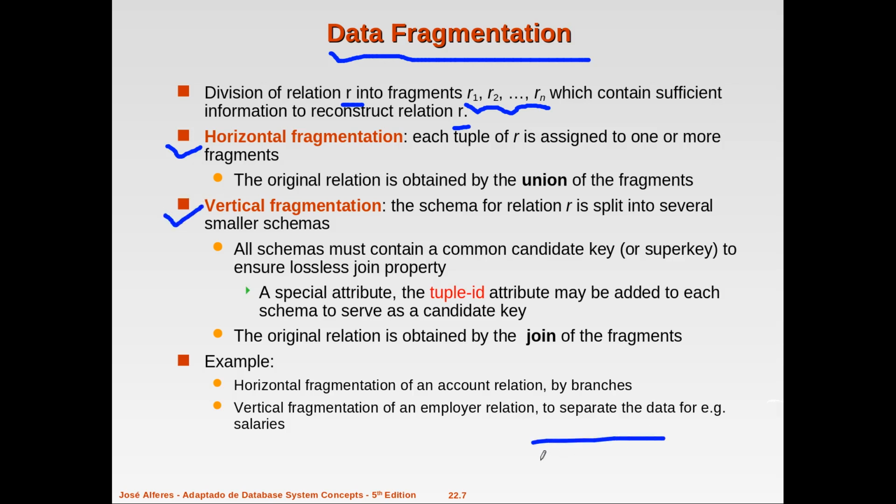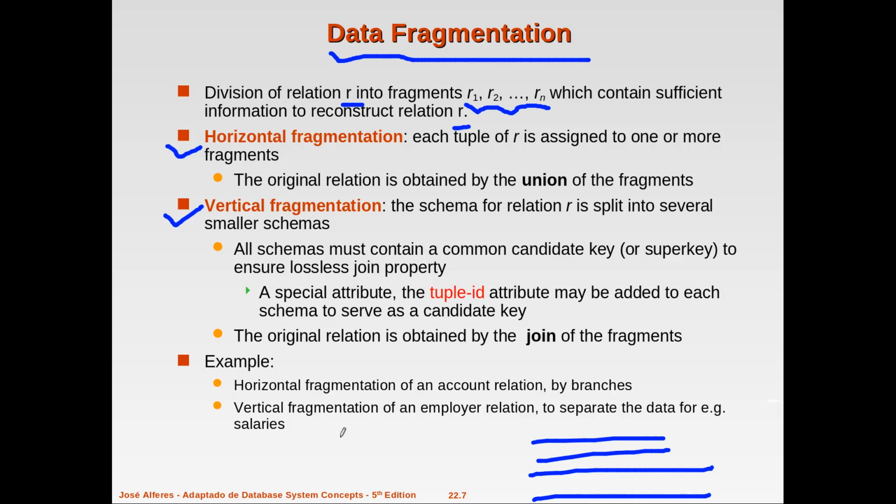Horizontal fragmentation means the relation will be divided in a horizontal way. That means tuples are divided. Each tuple of relation R is assigned to one or more fragments. Some tuples are selected to form a fragment, maybe based on some condition.